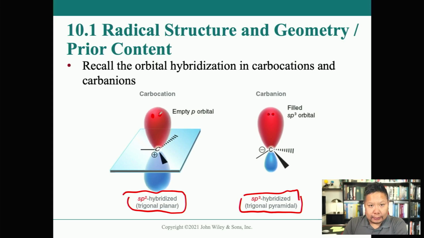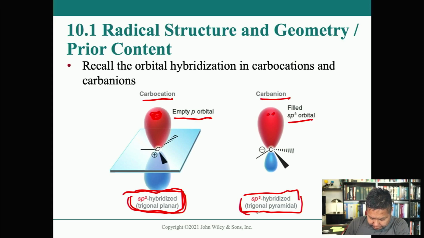So just remember that. One more time: the carbocation is trigonal planar because it's sp2 hybridized, and it has an empty p orbital. There's nothing here. Whereas in a carbanion, we do have 2 electrons filled in an sp3 orbital, which is trigonal pyramidal.